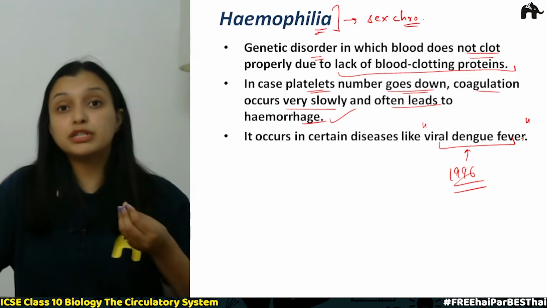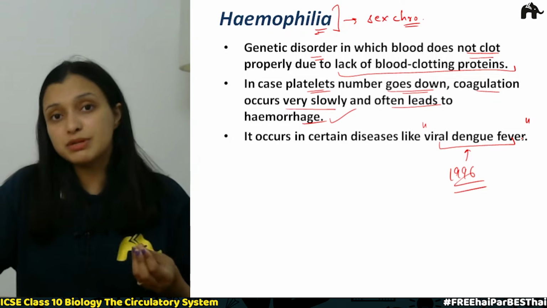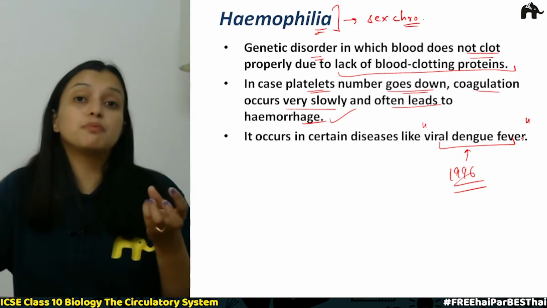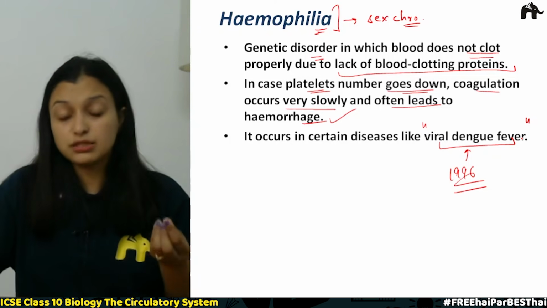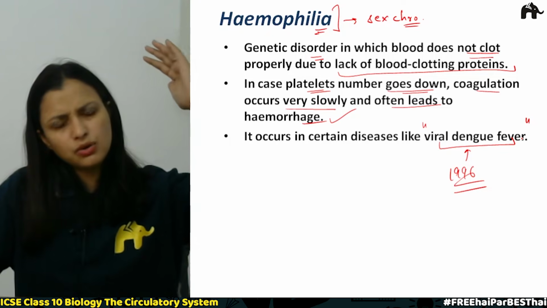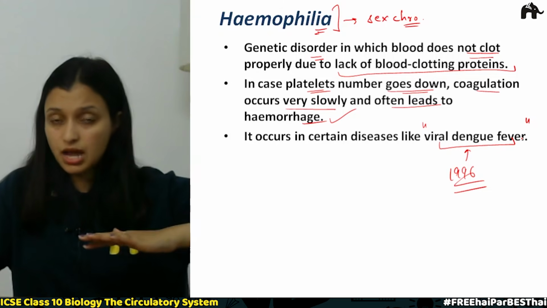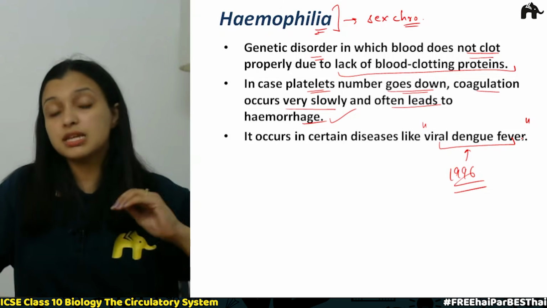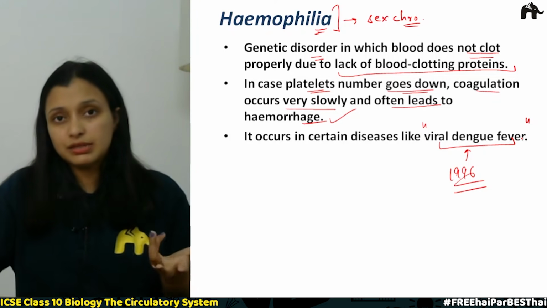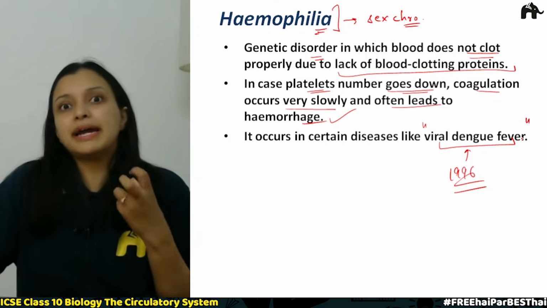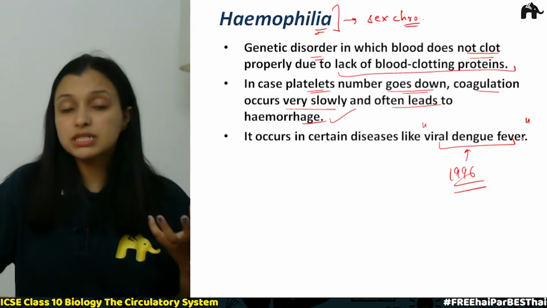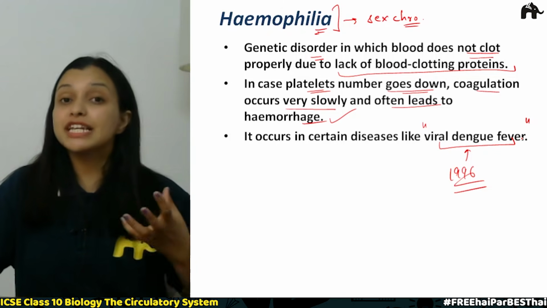It is very important to keep yourself safe from mosquitoes during the rainy monsoon season, because those mosquitoes spread dengue, and in this viral fever the number of platelets comes down drastically. When this happens, there are chances that blood clotting will not happen, and there might be hemorrhage in that person. There might be a lot of bleeding inside that person's body. So this is one of the genetic disorders which is related to blood.